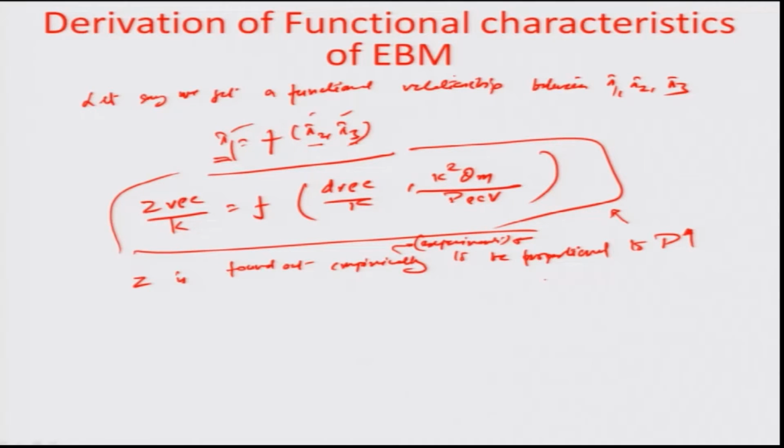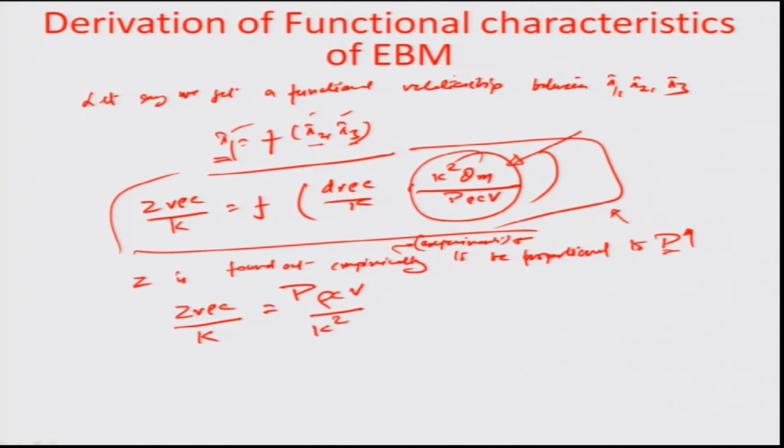So, therefore, if we had this kind of a relationship which is linear in power, we may as well have to revert back the presumption here which says that z was inversely proportional to the power. So, we can actually write the relationship here as z rho v c by k equals rho v c times power by k square theta m, and a function of, let us say, d v rho c by k.